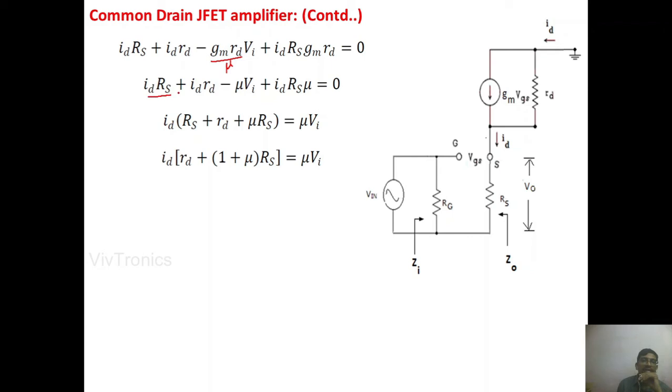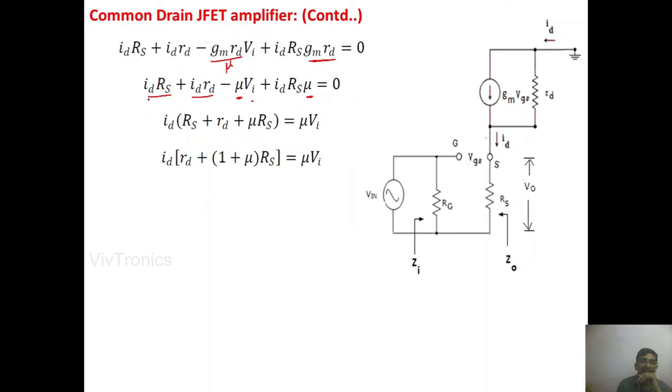Therefore IDRS plus IDRD minus mu VI plus ID into RS, again here we have gm RD, which can be written as mu, IDRS mu, is equal to 0.